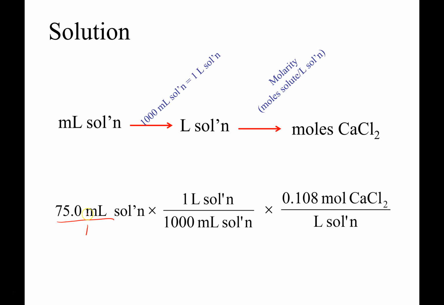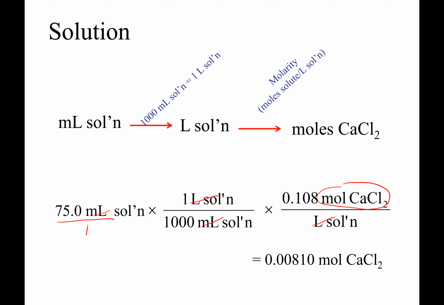So let's see what we got. Milliliters of solution cancel. Liters of solution cancel. I'm left with moles of solute, which was my goal. And I'm allowed 3 significant figures because that trailing 0 after the decimal counts. So 3 sig figs there, 3 sig figs there.